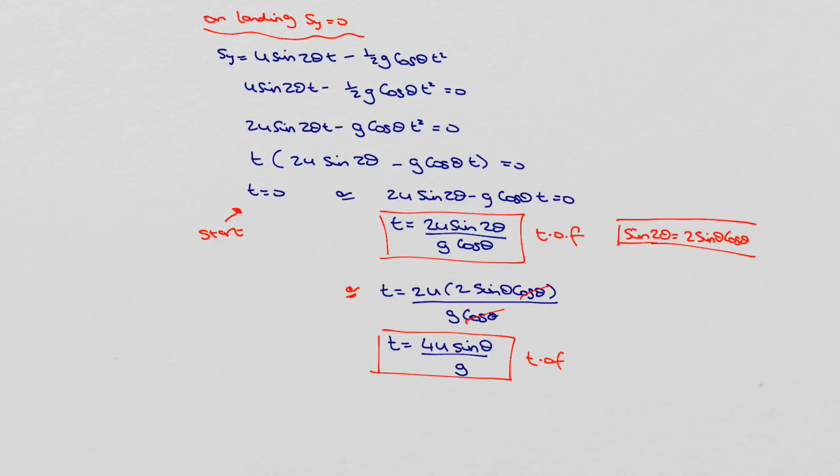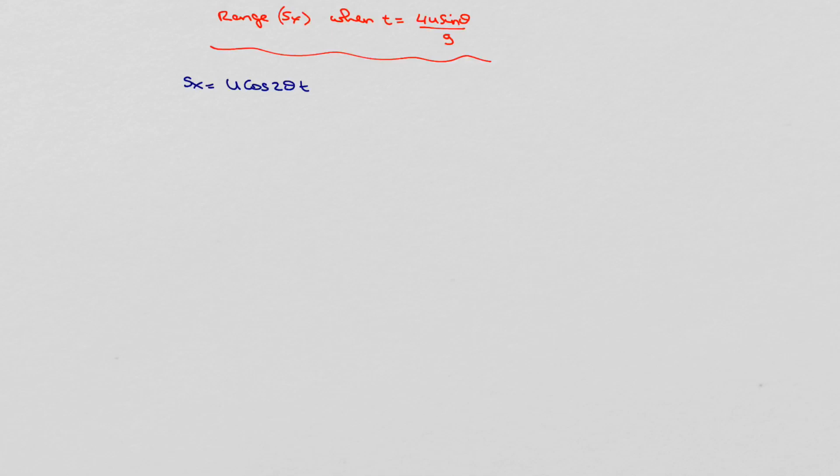We're going to sub in our range. In other words, s of x is when our time of flight is equal to 4u sine theta over g. Okay, so what did we say s of x was? Well, s of x was u cos 2 theta t plus a half g sine theta t squared.